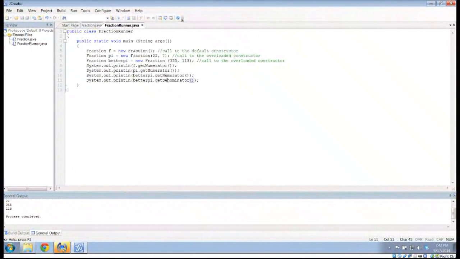So I know that my denominator for better pi is 113. So what I've got here is an accessor, a way to peer into the fractions and get some of that information out.